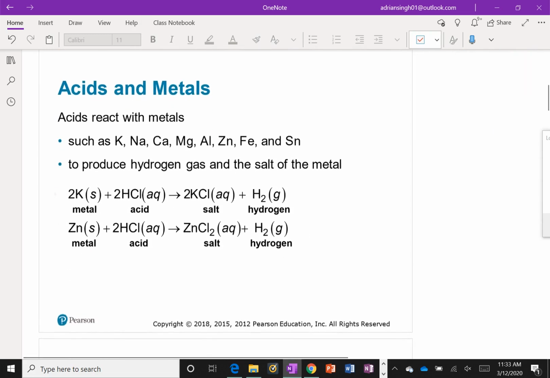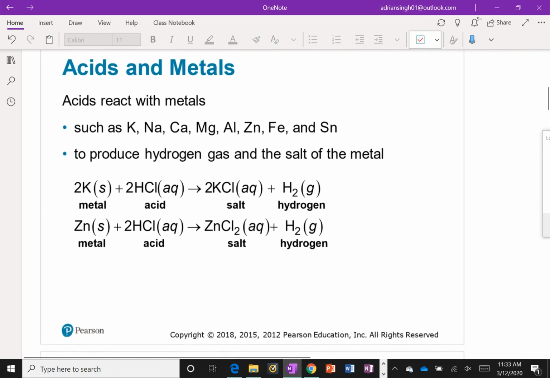So acids can react with metals, and they can be really reactive metals such as potassium, sodium, calcium, magnesium, aluminum, and zinc, which is the one that we actually did in lab. We'll focus in on that reaction here.